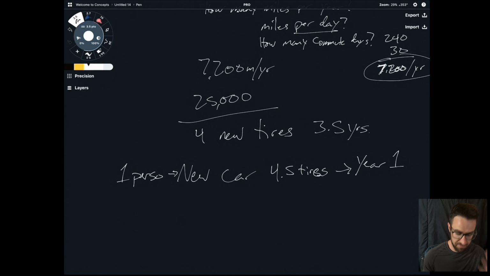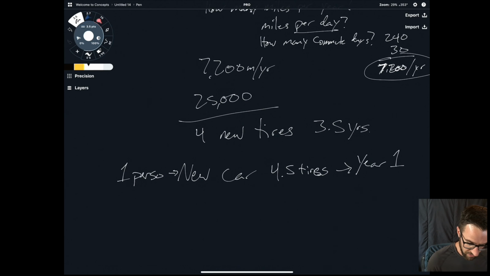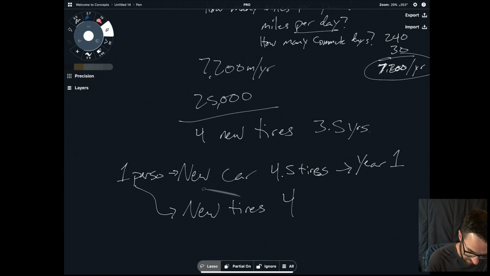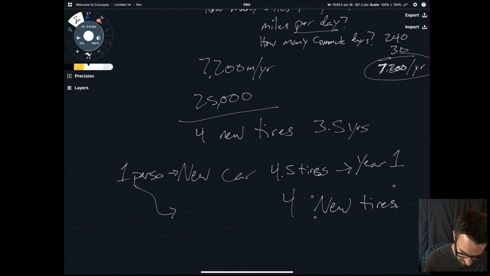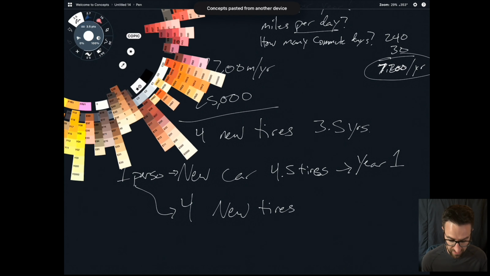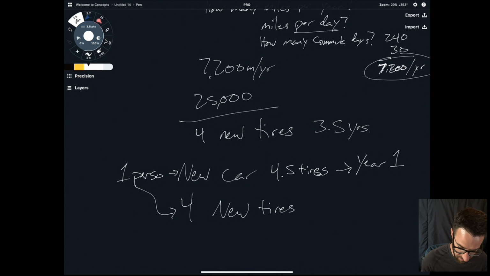Now this same person gets 4 new tires, so let's move this over, about halfway through the 3rd year. So like in year 3.